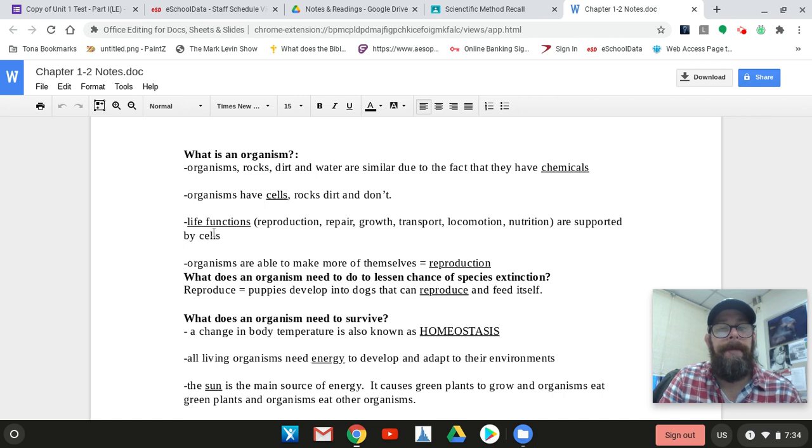Life functions: reproduction, repair, growth, transport, locomotion, nutrition are supported by cells. I gotta fix this. Organisms have cells. Rocks and dirt don't. So that's what should happen here. Let me fix it. Oop, it did.